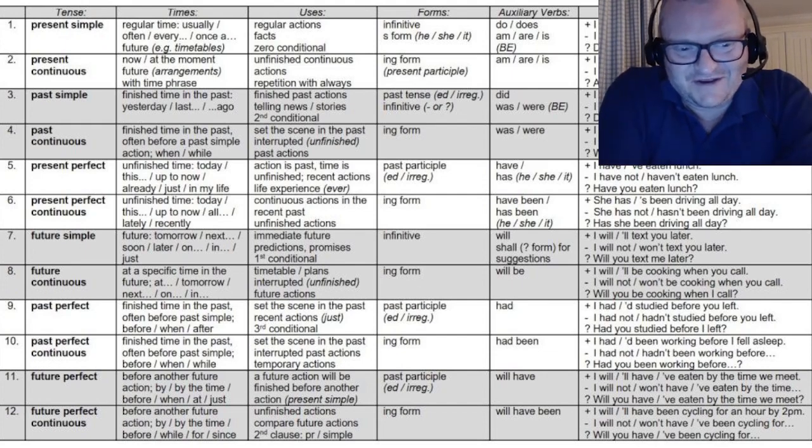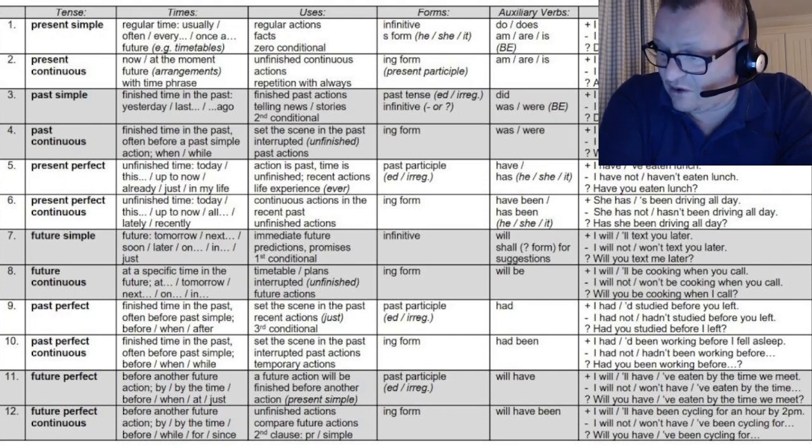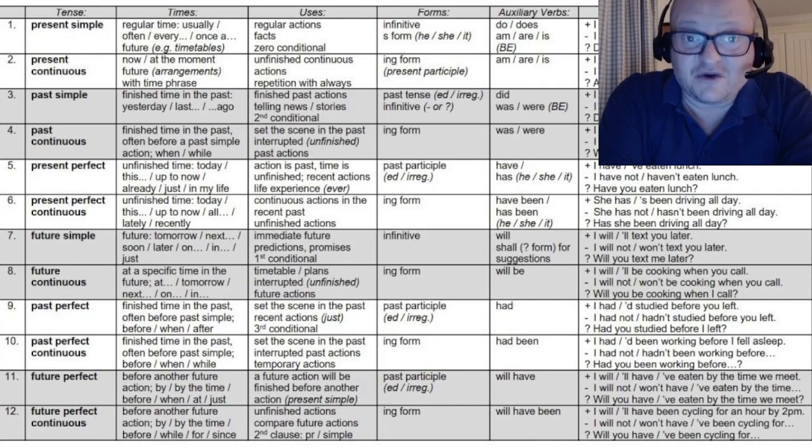Future continuous is not very useful, but talking about schedules, timetables, plans, interrupted plans. Let's say we want to meet tomorrow at 10. I want to meet you at 10 o'clock on Zoom. I say, what will you be doing tomorrow at 10?